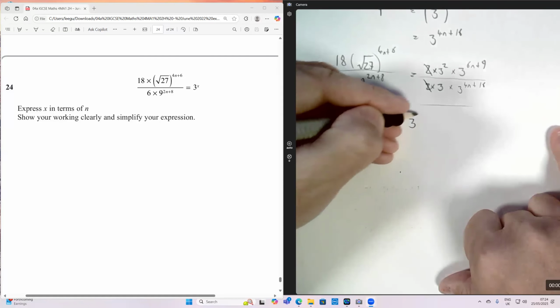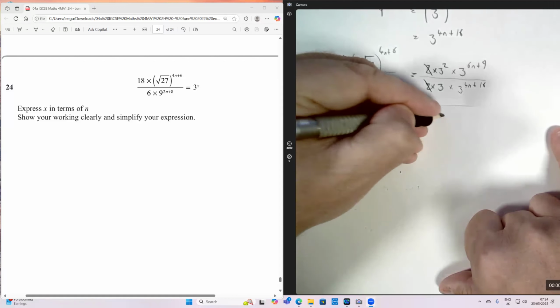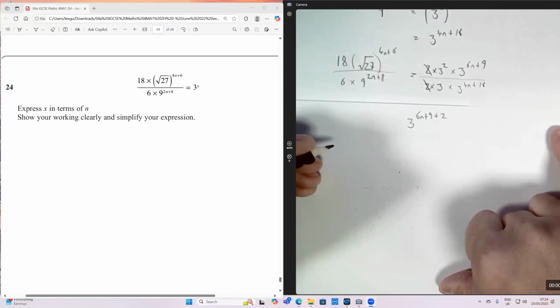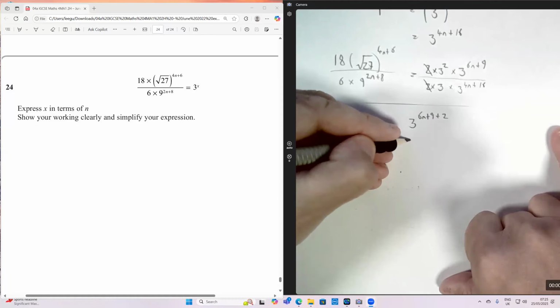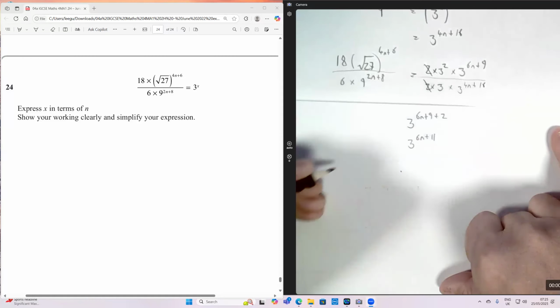So that is going to be 3 to the power of 6n add 9 add 2. That's fine. So that goes to 3 to the power of 6n add 11.